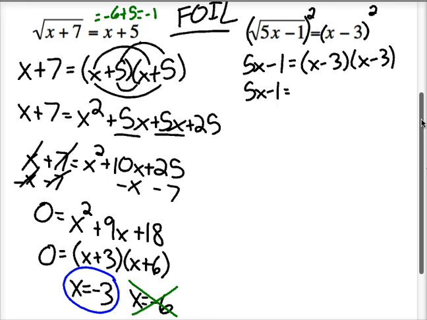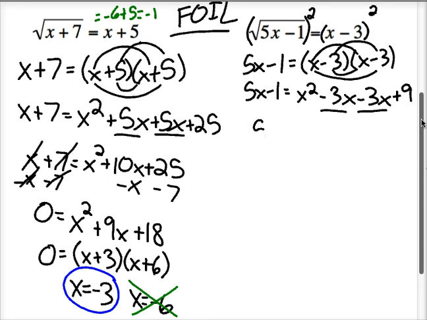So x squared minus 3x minus 3x plus 9. Combine my like terms. X squared minus 6x plus 9.